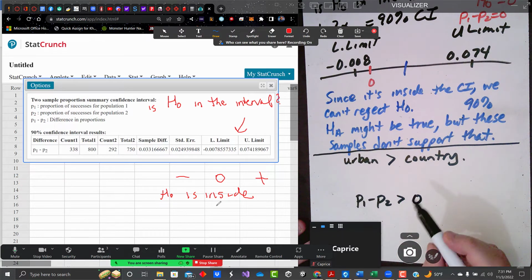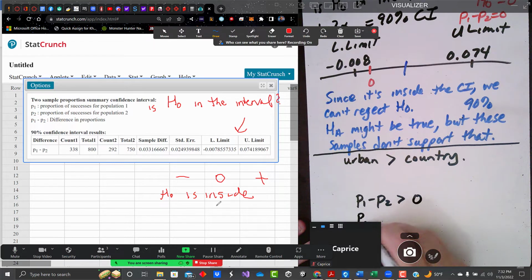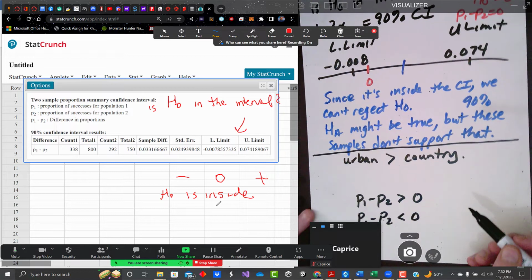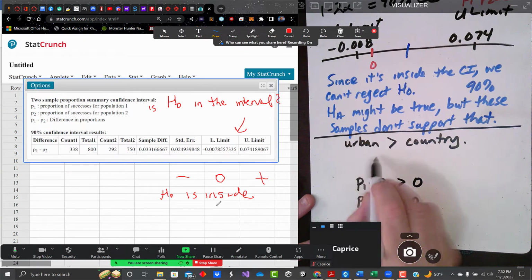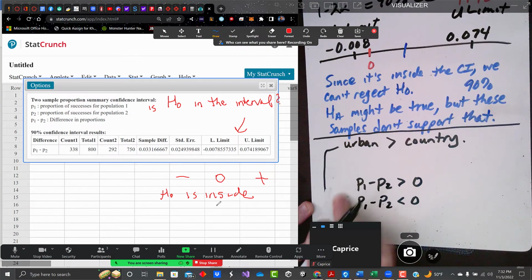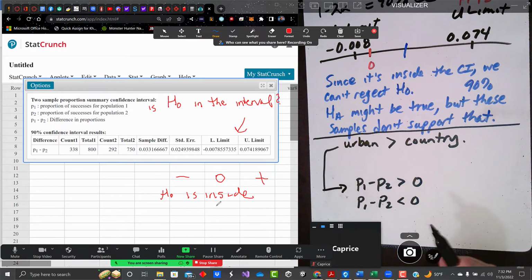If I label it the other way around, P1 minus P2 is less than 0. To me, I want the wording there to match the wording here. I can label it however I like.